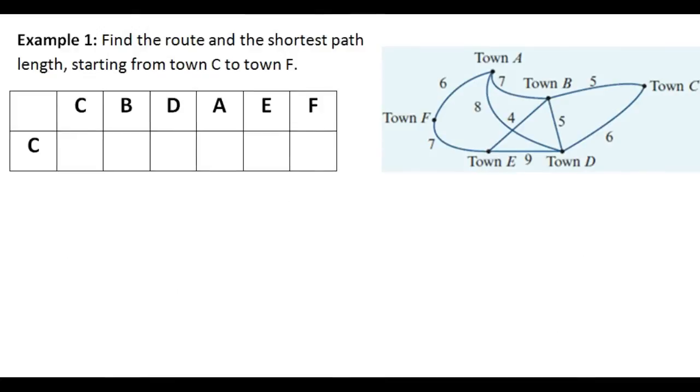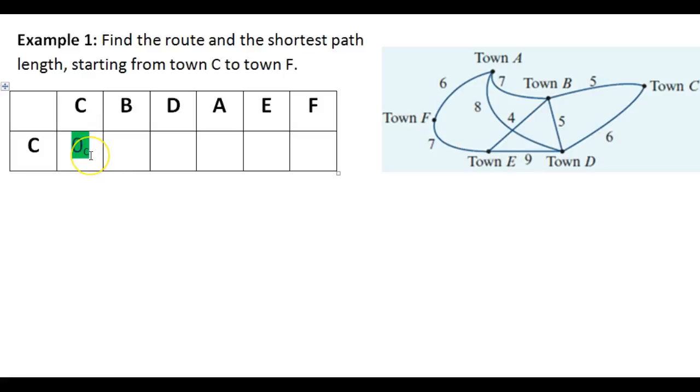In this problem, we're going to look at the shortest path and the route between town C and town F in the network. And then we can list the other points as they move away from C. In fact, the order of the other vertices doesn't matter. Now, when we're at C, we don't have to go anywhere to get to C, so the distance to C is 0.